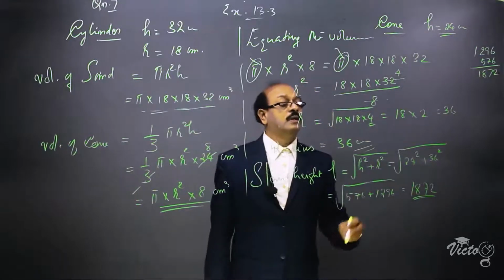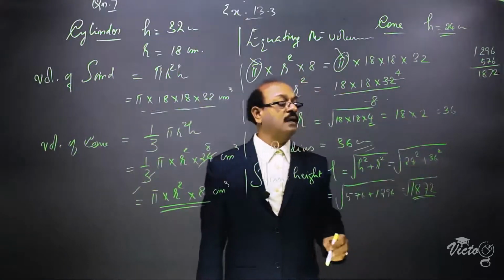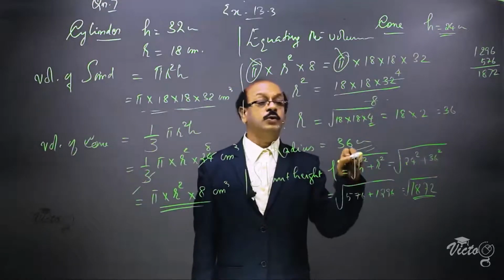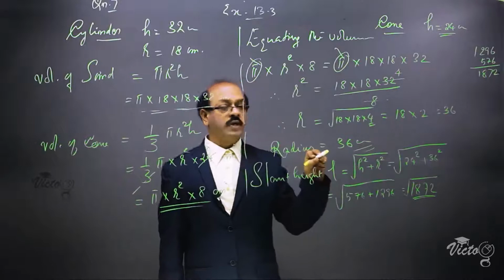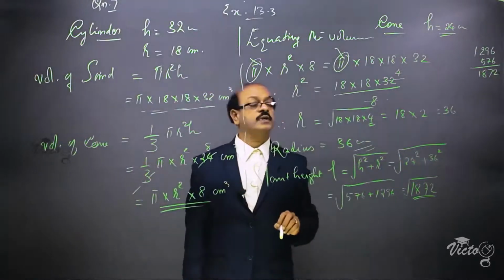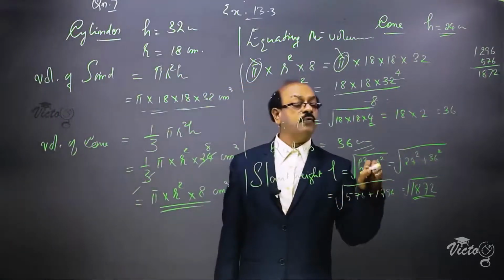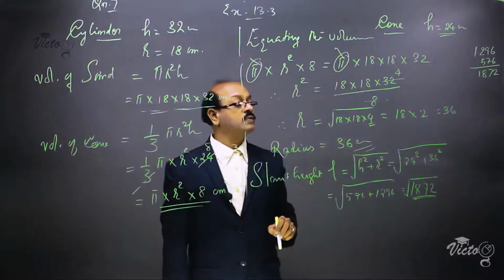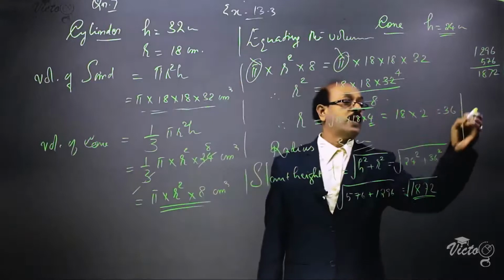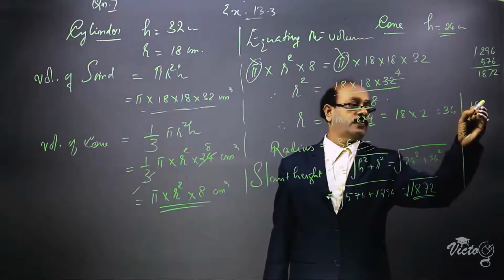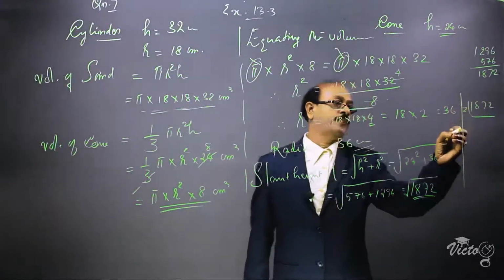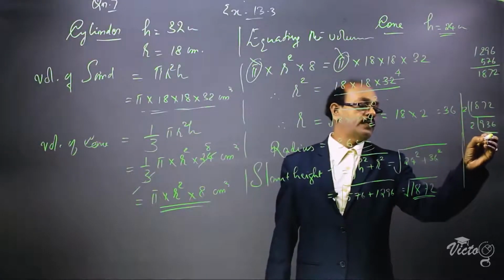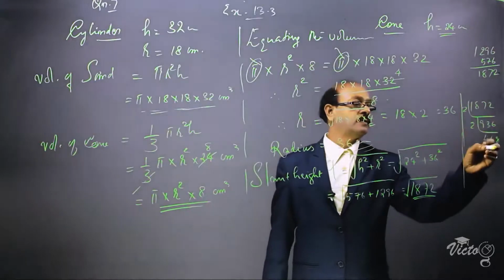But this is inside the radical sign, and 1872 is not a perfect square because its unit digit is 2. Since the units digit is 2, it is not a perfect square number and we cannot find the square root as a whole number. So we can factorize 1872. Dividing by 2, it is 936. Again with 2, 468.